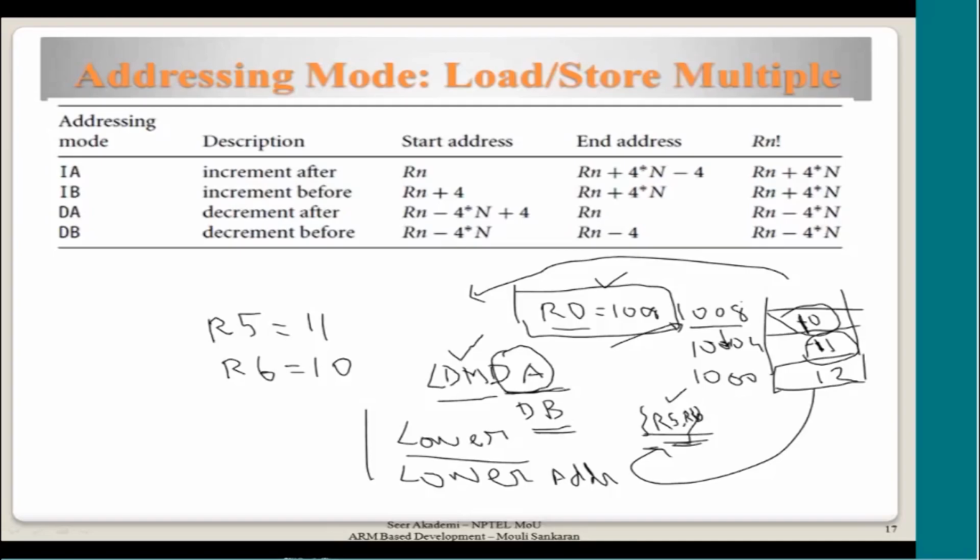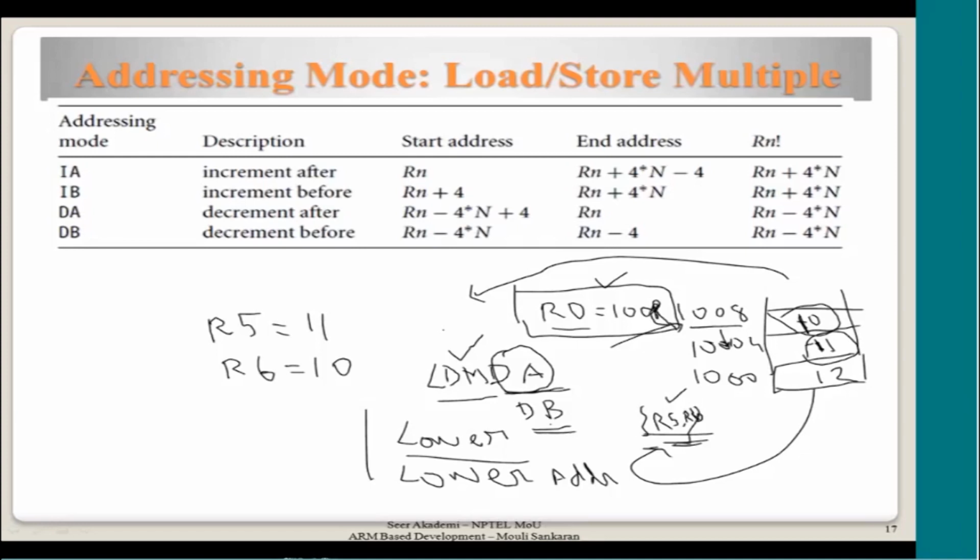Oh, I'm sorry, I made a mistake here when I said there is one more value here. So please remember, 1008 is this. What did I say? R0 was having 1008, correct? Correct. No problem. It accessed these two. 1000 is having 12 here, so it went from this to this. So far so good.